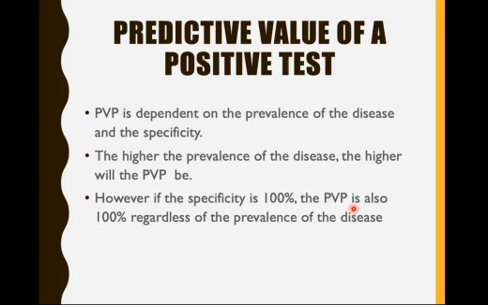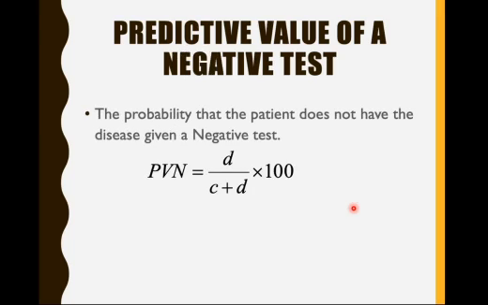Okay. Now, let's go to the predictive value of a negative test. The predictive value of a negative test is really the probability that the patient does not have the disease given that the test is negative.